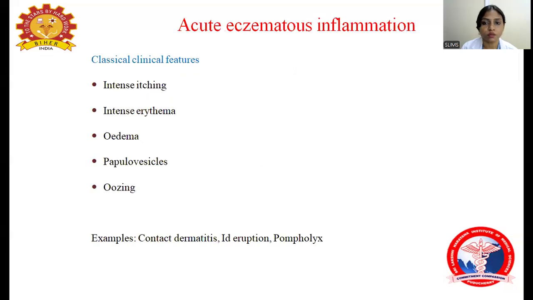Coming to acute eczematous inflammation. The classical clinical features include intense itching, intense erythema, edema, papules, vesicles, and oozing. All these can be seen in a case of acute eczema. Examples are irritant contact dermatitis, heat eruptions, and pemphigus.